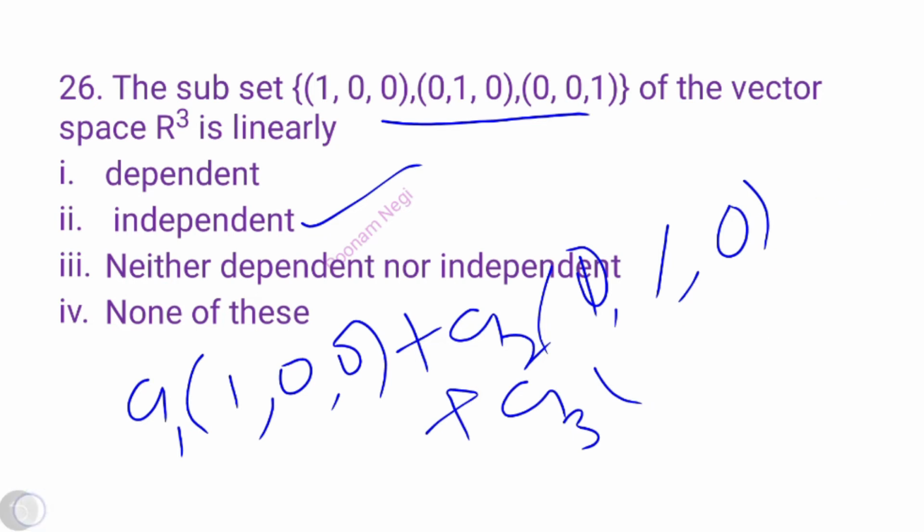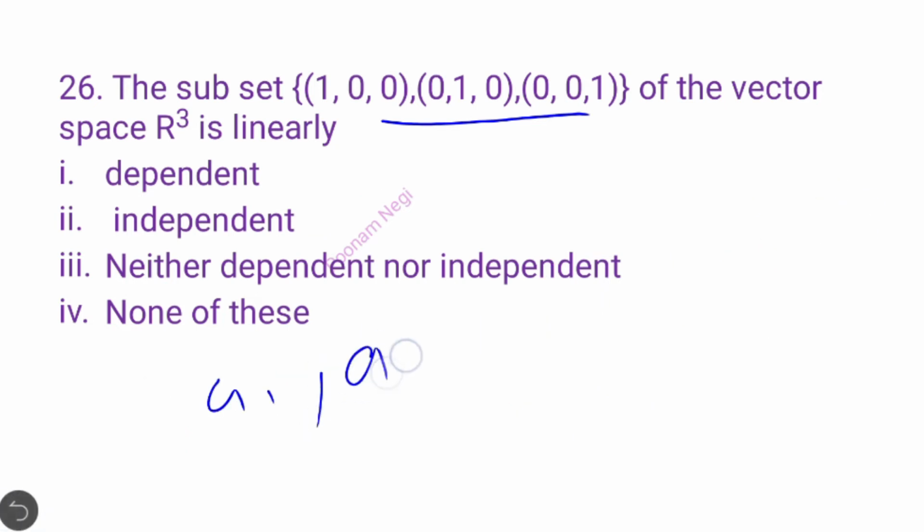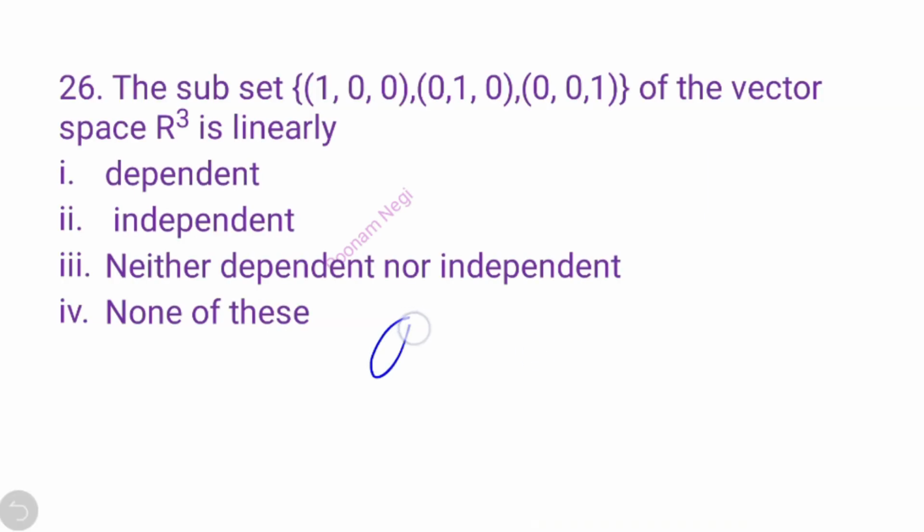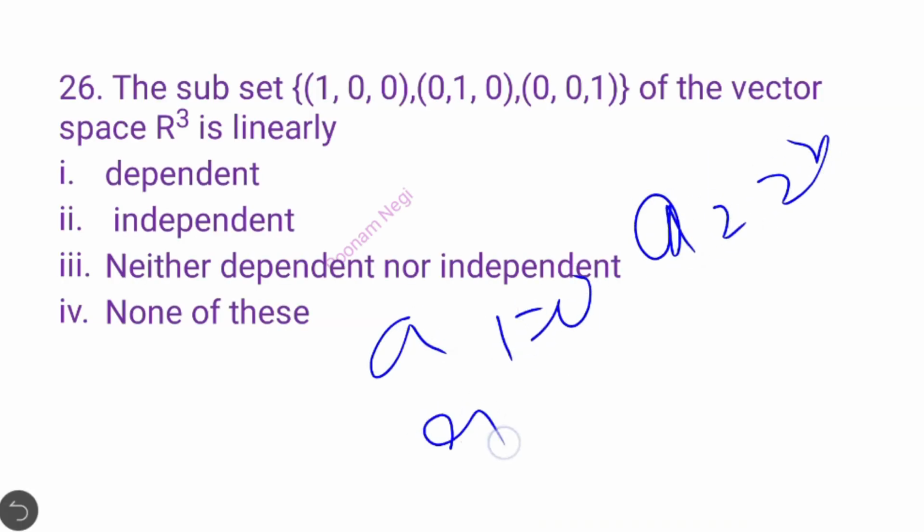It will come out as (a1, a2, a3) equals the zero vector. This simply means a1 equals 0, a2 equals 0, and a3 equals 0. That means this set is linearly independent.